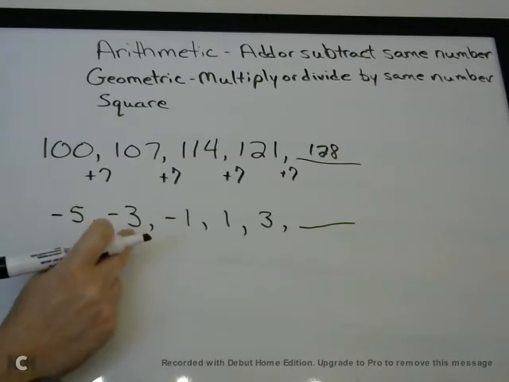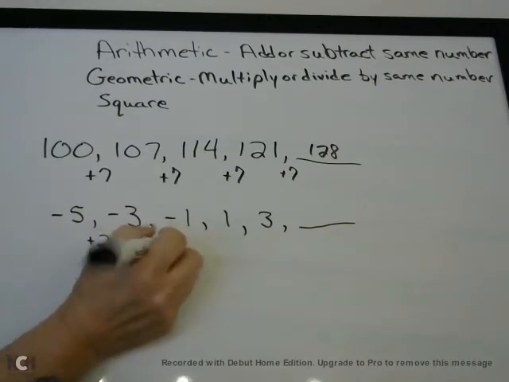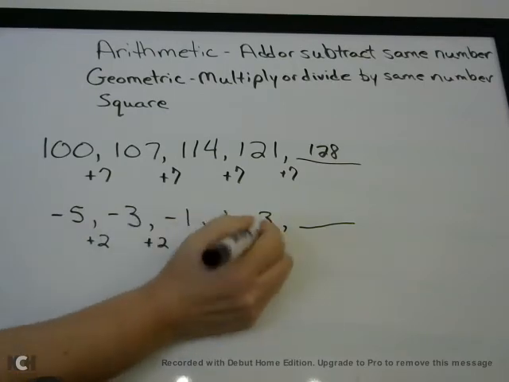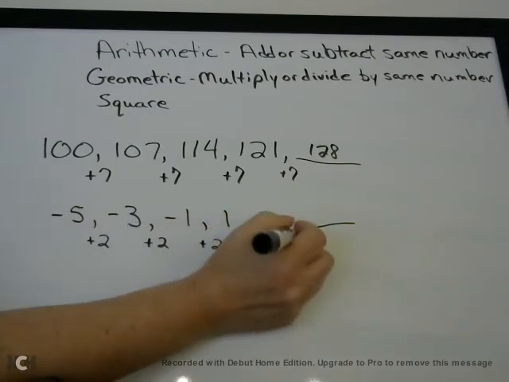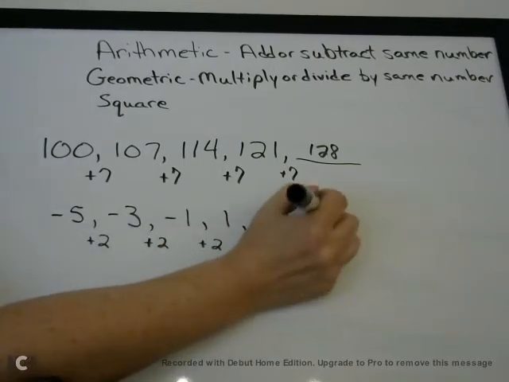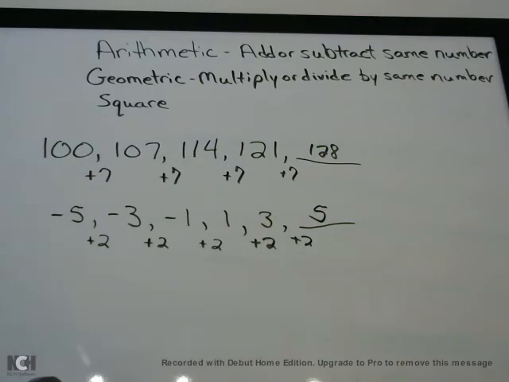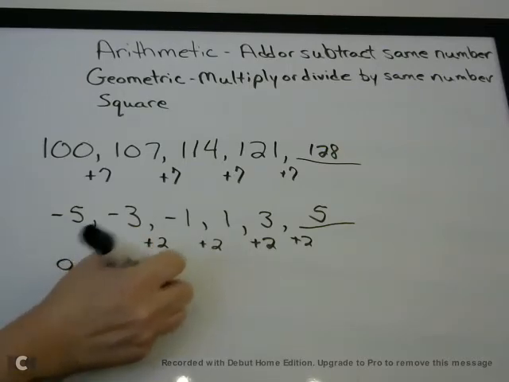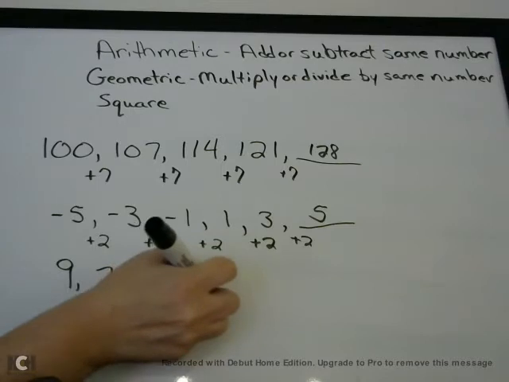From negative 3 to negative 1, add 2. Negative 1 to positive 1, add 2. 1 to 3, add 2. Since they're adding the same number, we just add 2 and you would get your answer of 5.